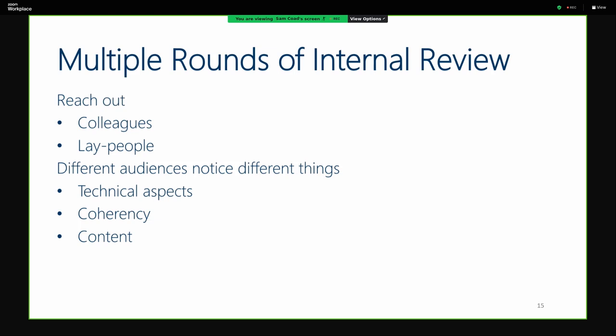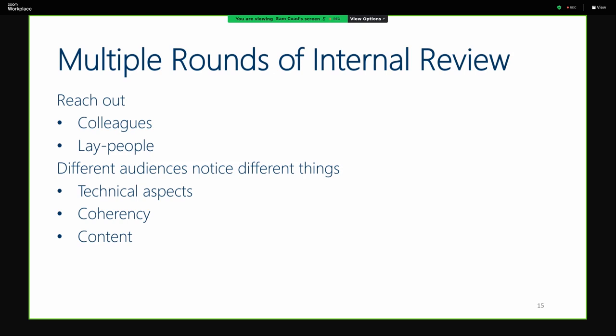So having colleagues review for content and the technical aspects, coherency, and just general content can be a layperson job too. So having multiple people review from multiple areas can help put your proposal together and make sure that it's coherent on a larger scale.